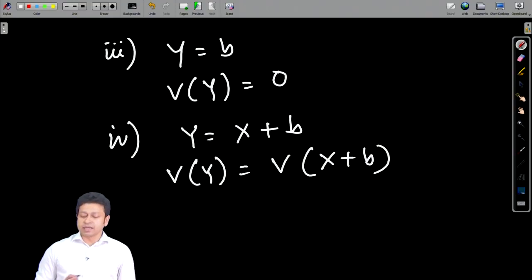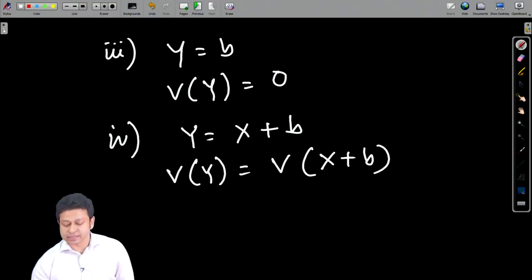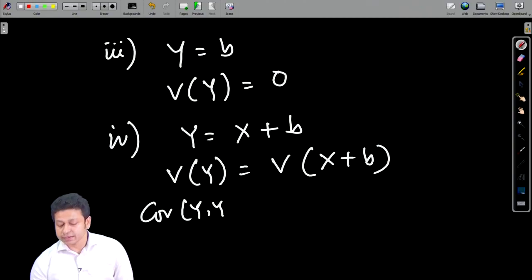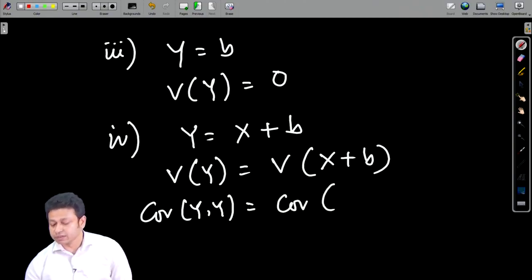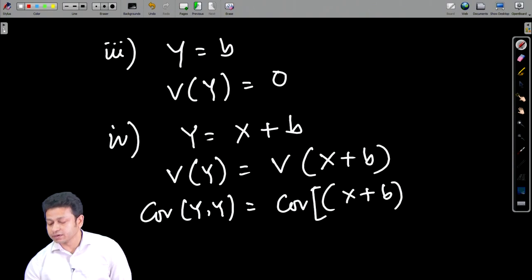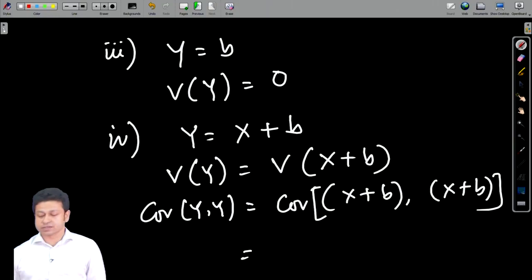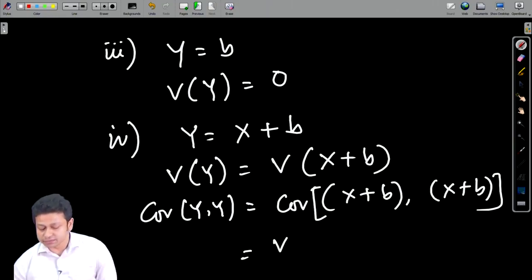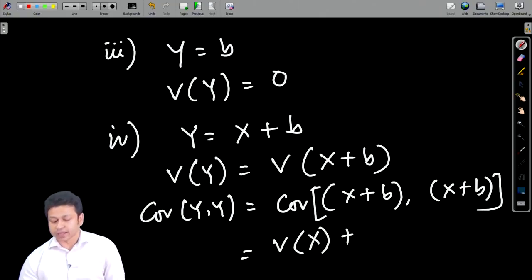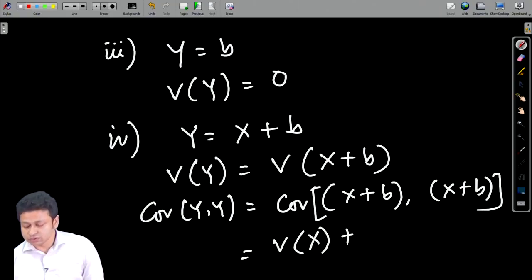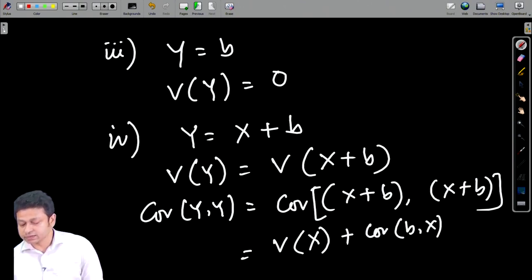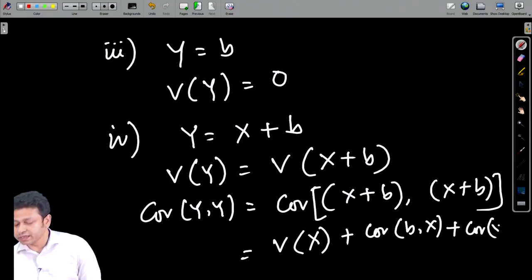Similarly, you can apply the covariance rules and you can see this is equal to cov y y, and you are going to have cov x plus b comma x plus b. So, you are going to have cov of x square, which is nothing but the variance of x, and then you are going to have cov of bx plus cov of x b plus cov of b square.